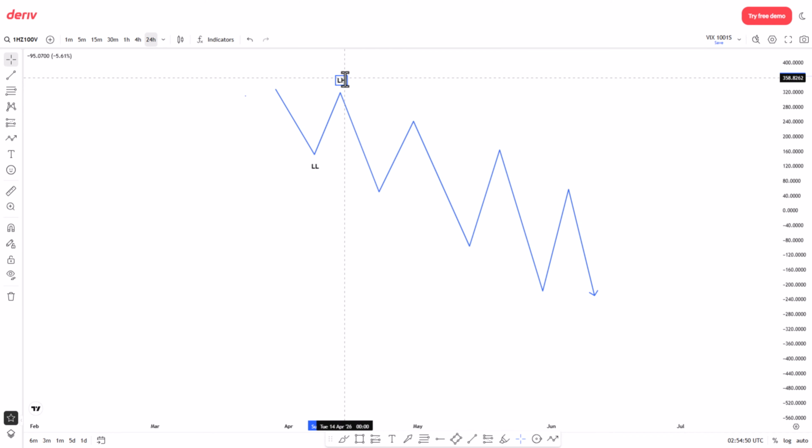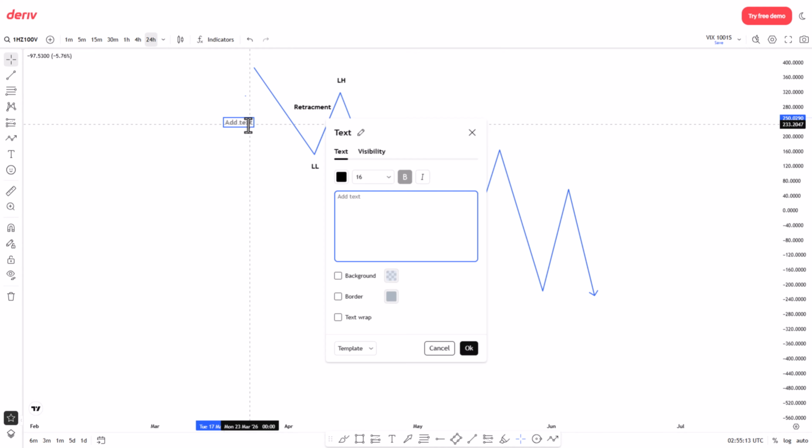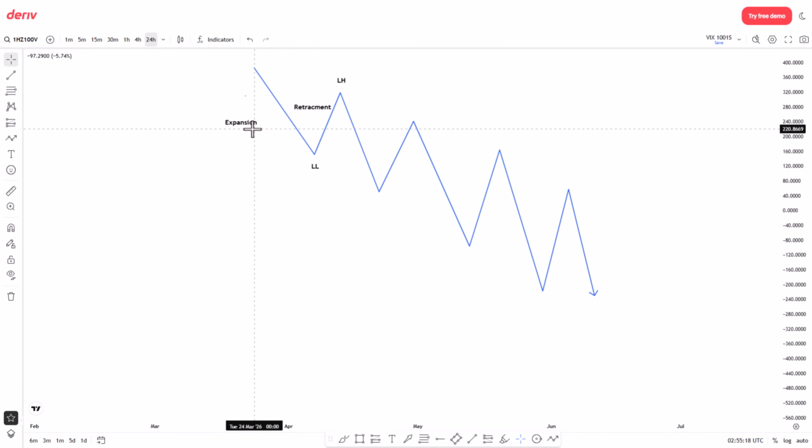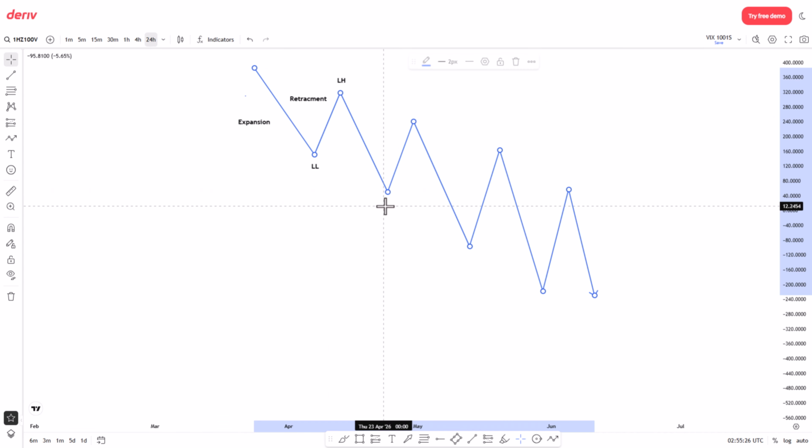And if this happens, we will definitely see expansion, and then we will see retracement here. Here we have expansion. So expansion, retracement. We are expanding bearish and we are retracing upward for another expansion bearish.